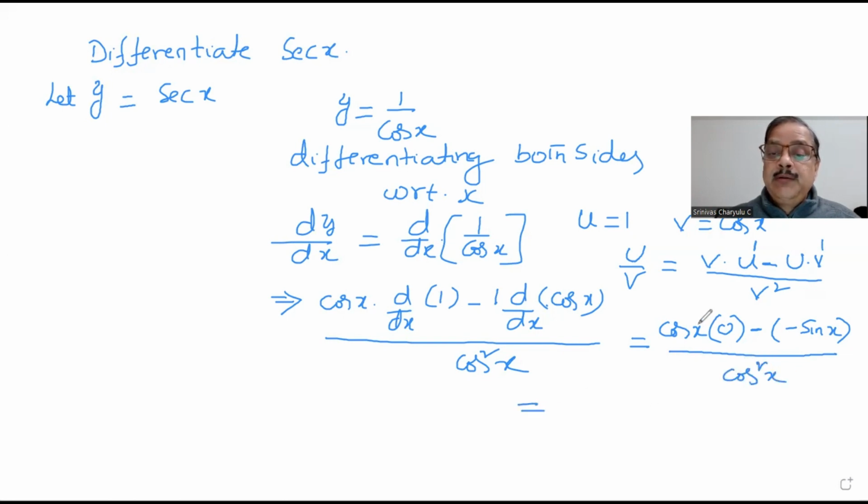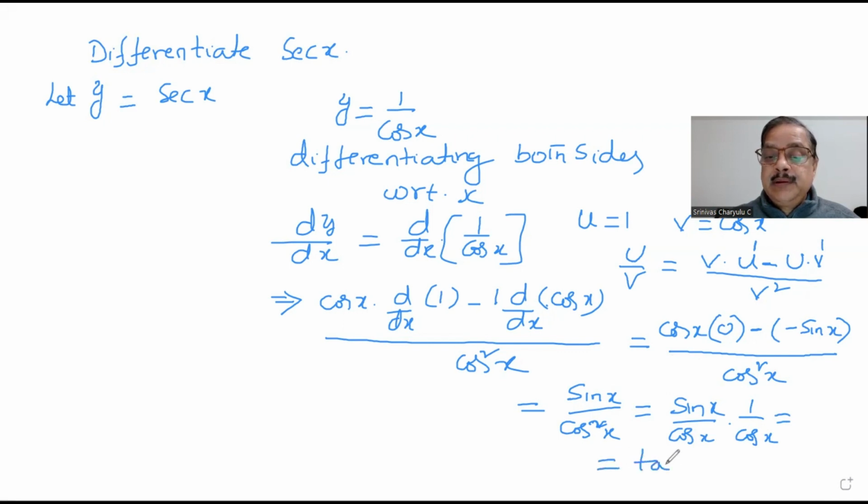So here what you will have, cos x into 0, 0, minus into minus plus. So we will be having only sin x by cos square x. This you can write as sin x by cos x into 1 by cos x. Sin x by cos x is nothing but tan x. 1 by cos x is nothing but secant x.